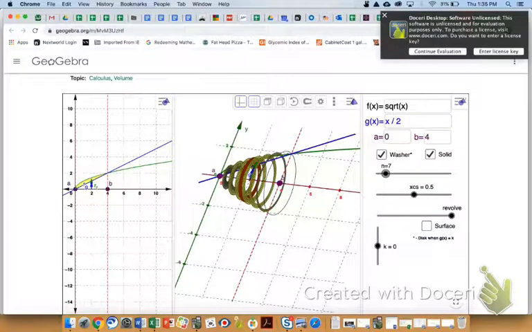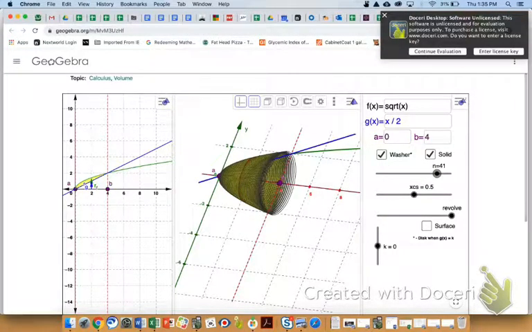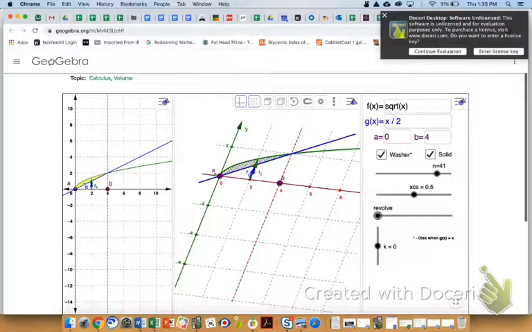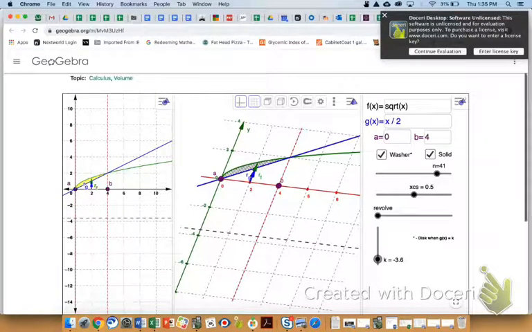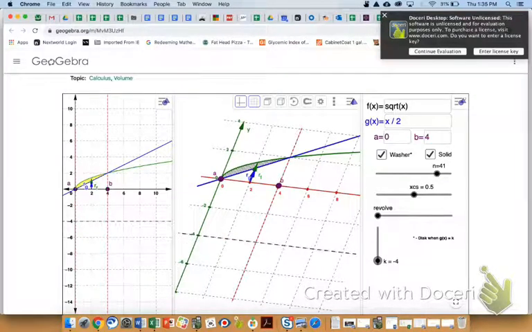So check this out. If I took the exact same region, I'll unrevolve this. So we're back to the same region. What if instead of revolving around the x-axis, I changed things up a little bit and revolved around the line x equals, how about -4, roughly?